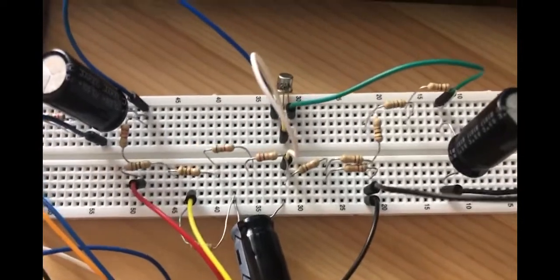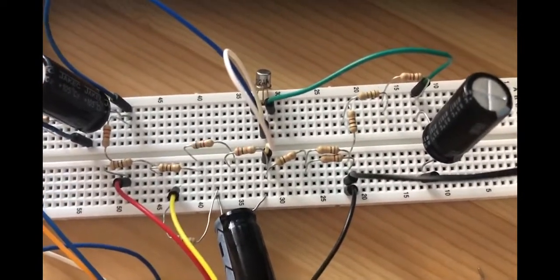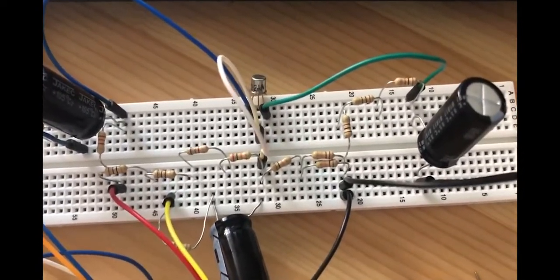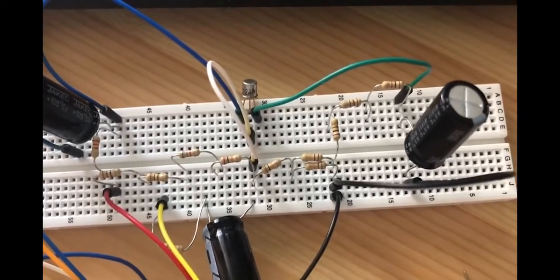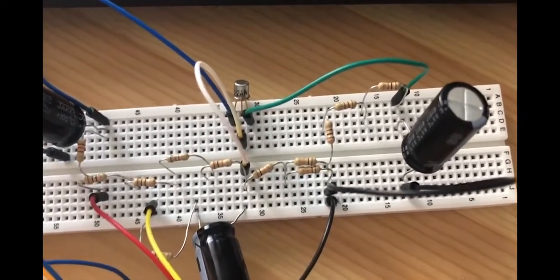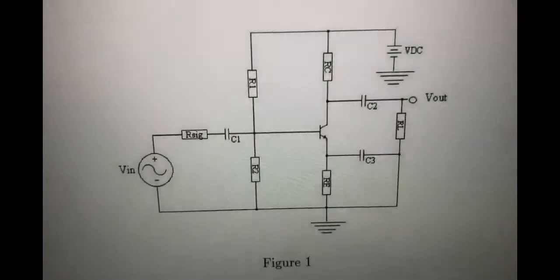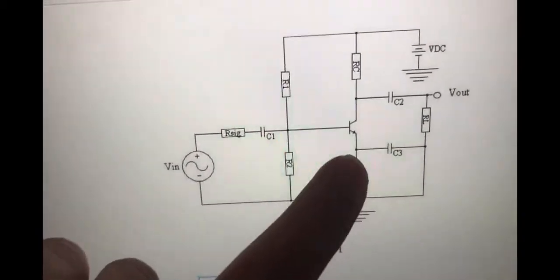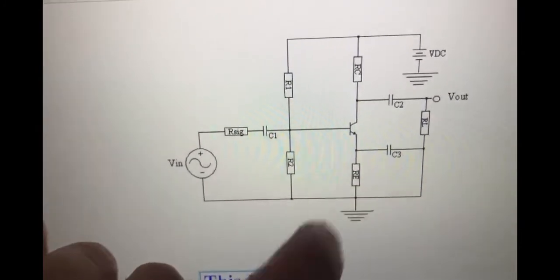Then I will start from the emitter connections. As you can see in figure 1, you have RE and C3 connected to your emitter.